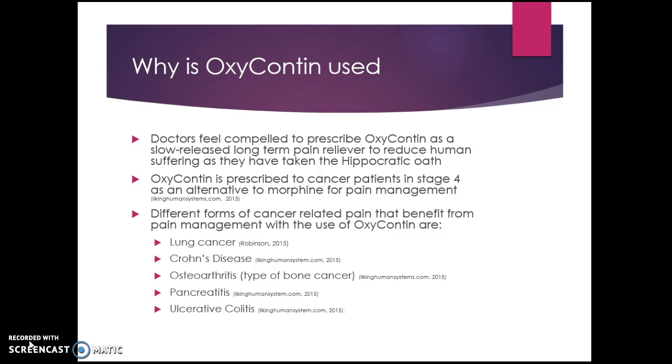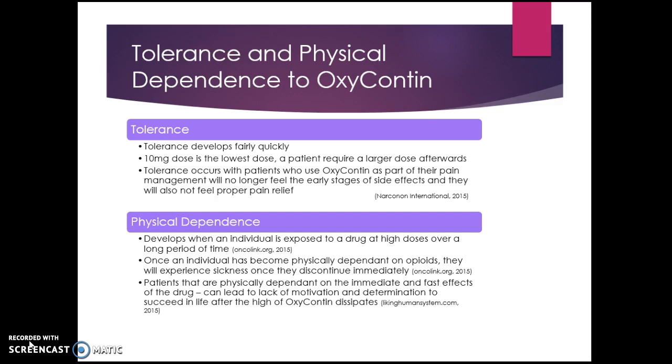Different forms of cancer-related pain can benefit from pain management with OxyContin, and those are lung cancer, Crohn's disease, a type of bone cancer that I can't pronounce, pancreatitis, and ulcerative colitis. Hopefully I've pronounced all those right. My apologies if I did not.